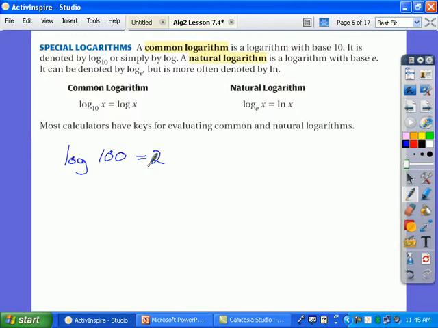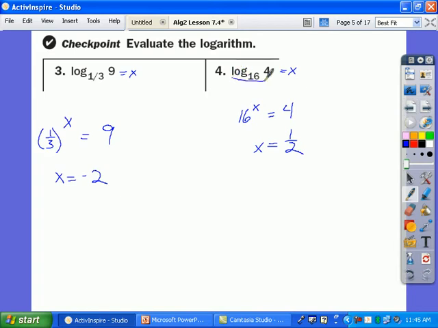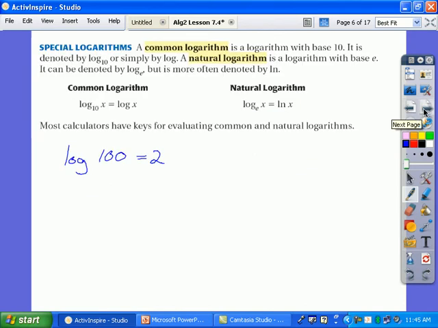All right? Your calculators can only use log base 10 or log base e. And when it's log base e, we rewrite it as ln of x. Okay. So these are our two most commonly used logarithms.